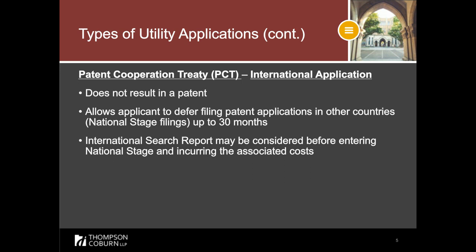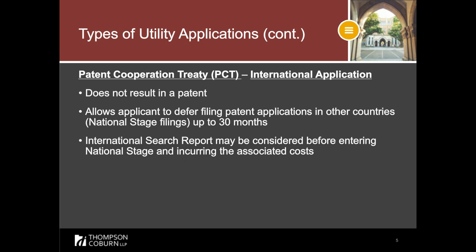There are two major categories of patents. The first is the utility patent, and that is basically drawn to the function. The words of the claims cover what you're getting a patent on.